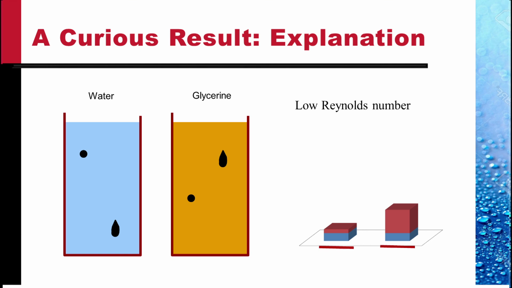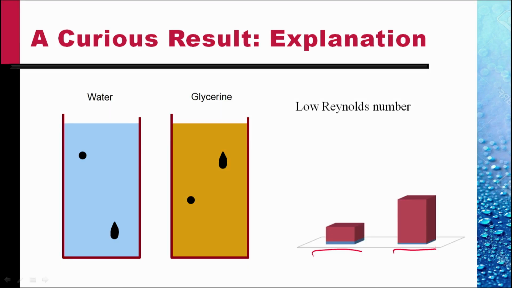Very little pressure drag, no separation, and again dominated by shear stress. But since there is larger surface area, the shear stress is more, and therefore the tear-shaped body moves slower in glycerine than does the bluff body.